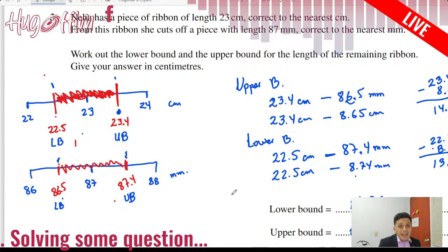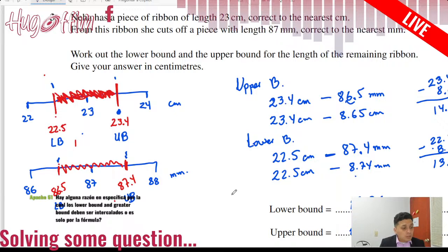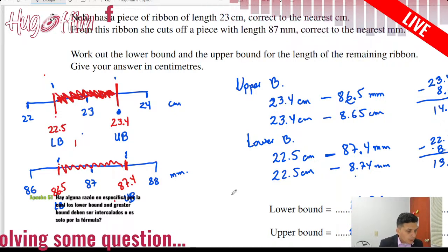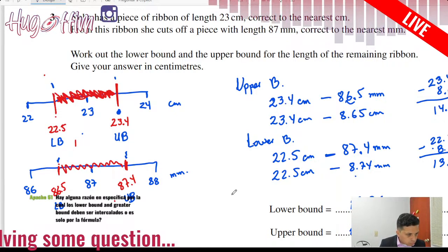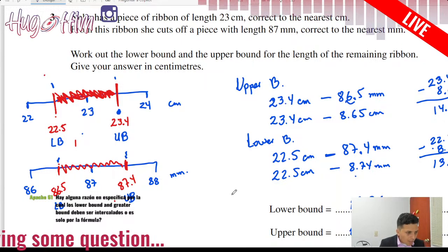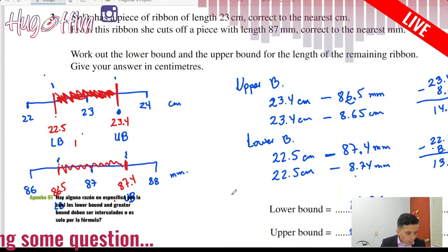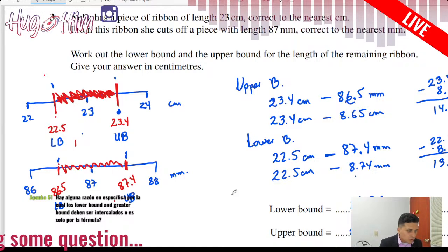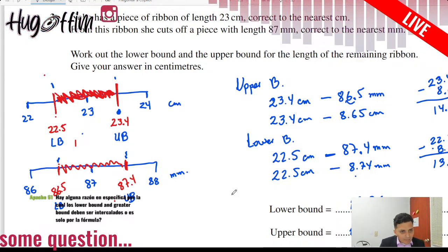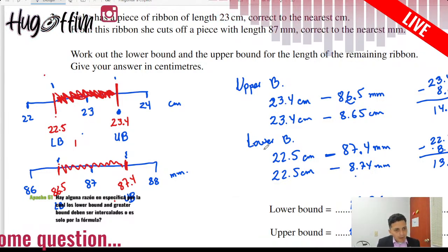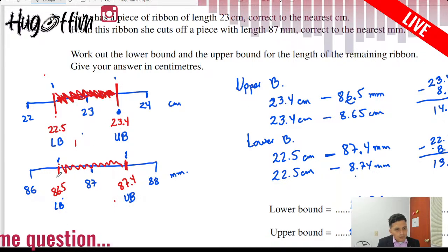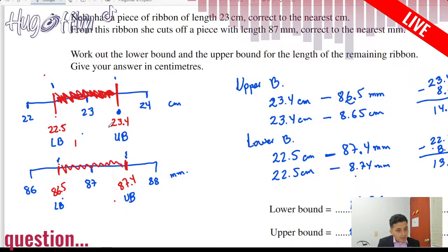And this is how you can get the upper and lower bounds of your number. The reason why the upper bound of one is used with the lower bound of the other is because if you subtract the lowest value here from the highest value here, you're going to get the highest value of the subtraction of all the intervals.